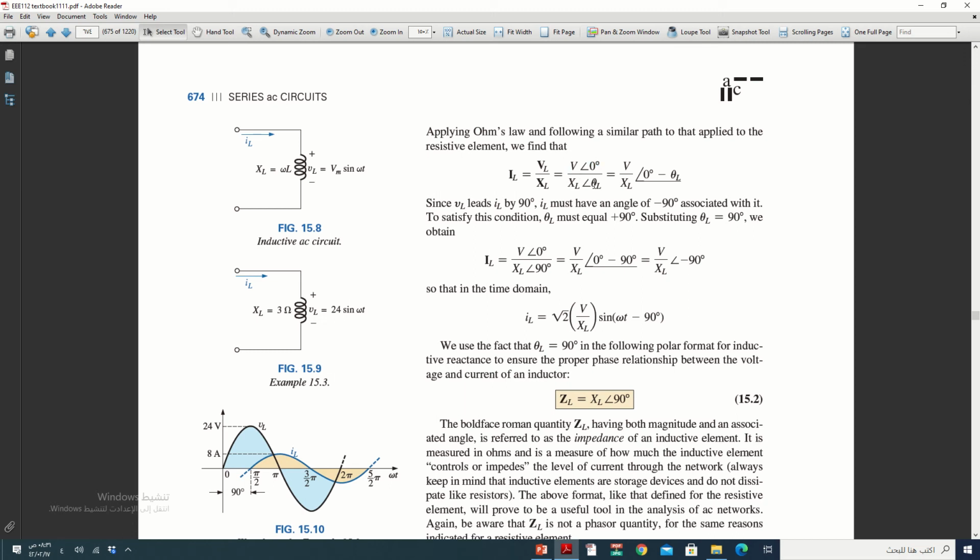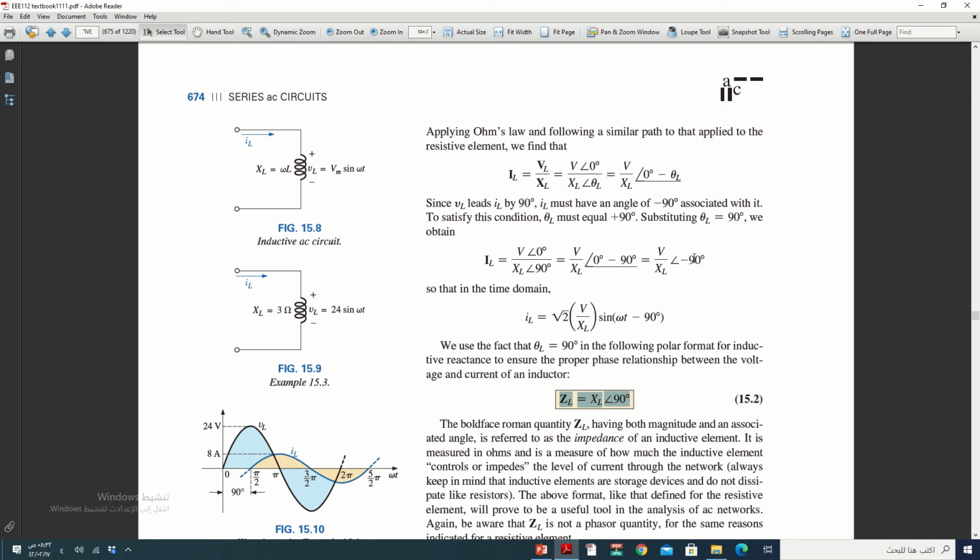with theta L, and we know that theta here is always 90 degrees for the inductor. Okay, ZL equals XL with angle 90. If we divide angle 0 by angle 90, this means 0 minus 90.